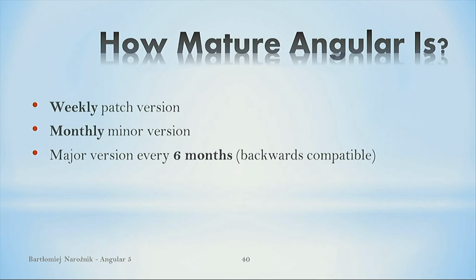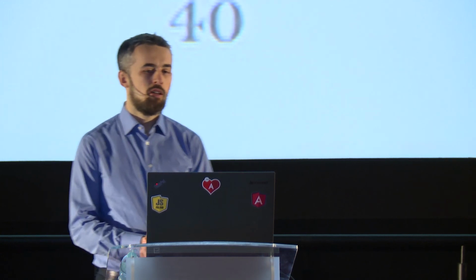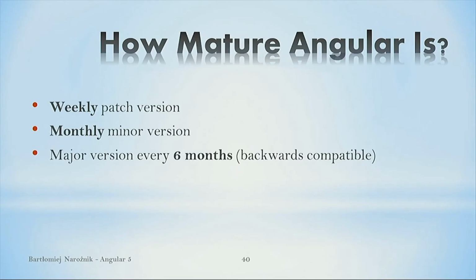Roughly every week there is a patch version. So now we have 5.0.2, and it has been less than 3 weeks since Angular 5 is there. There are 3 monthly versions after a major, and twice a year there is a major version which is compatible with the previous one. So there is a lot happening.